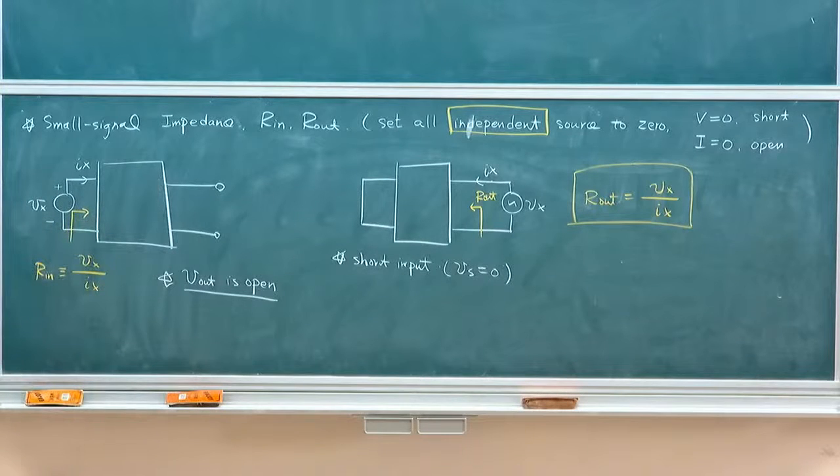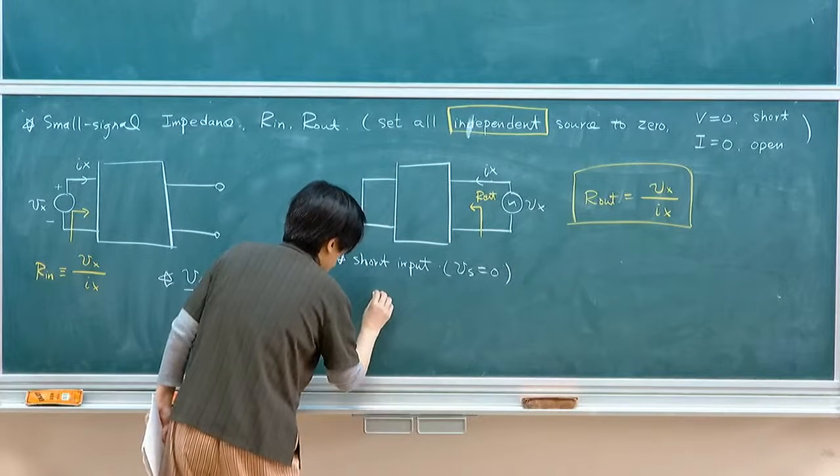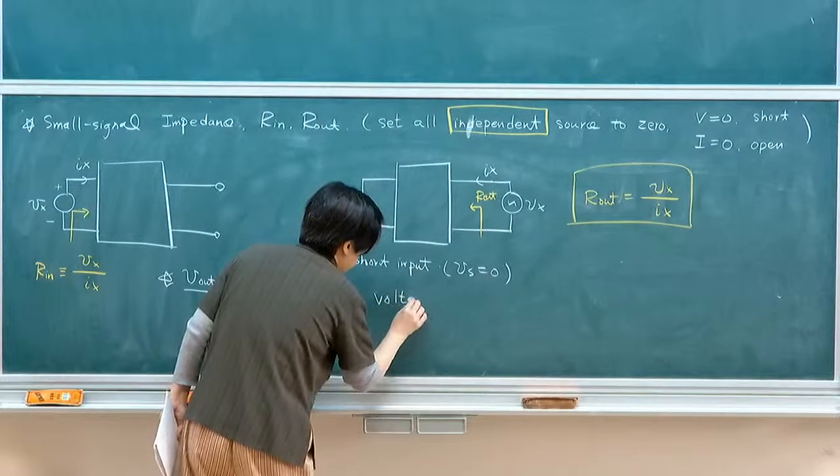You have the input resistance, output resistance, and voltage gain. In the following discussion, most of the questions we're going to ask are about these three key parameters you need to deliver once you design your voltage amplifier.